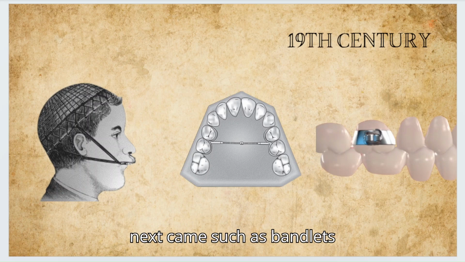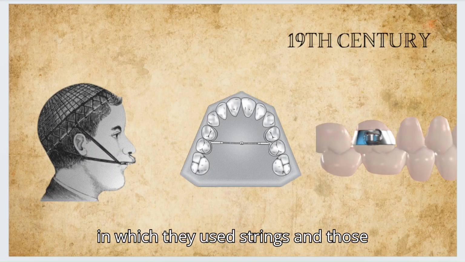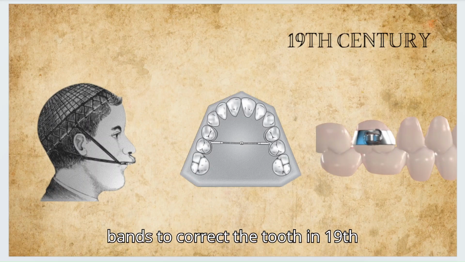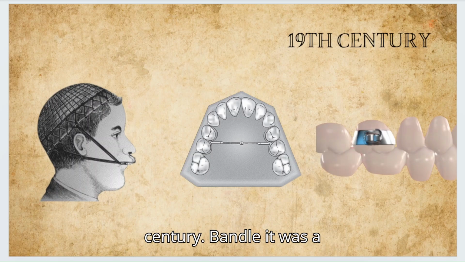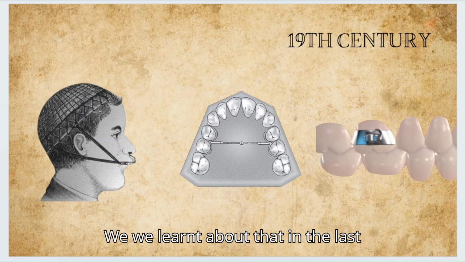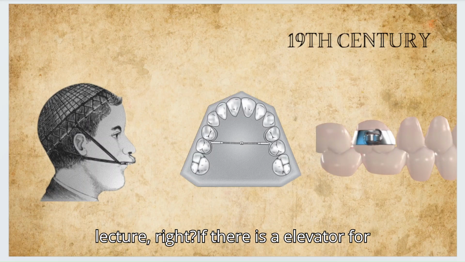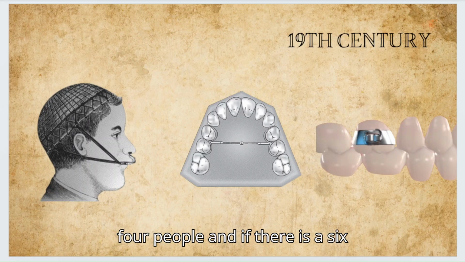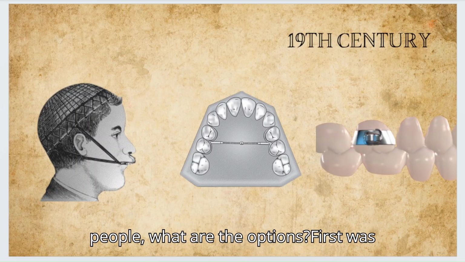Okay, now next came appliances such as bandelets, in which they used strings and those bands to correct the tooth. In the 19th century, bandelet was a kind of expansion, right? We learned about that in the last lecture, right? If there is an elevator for 4 people and there are 6 people, what are the options?